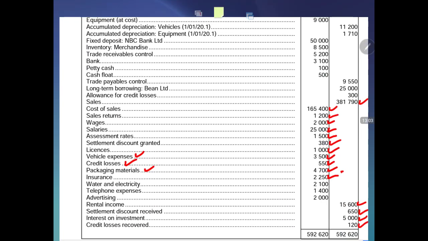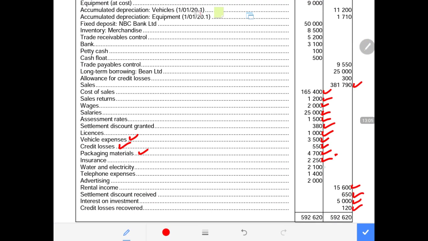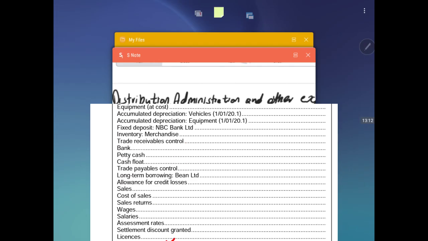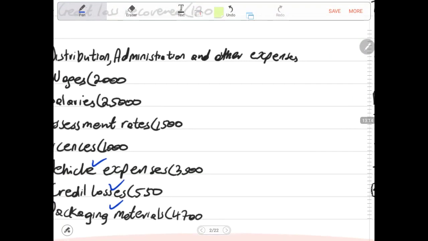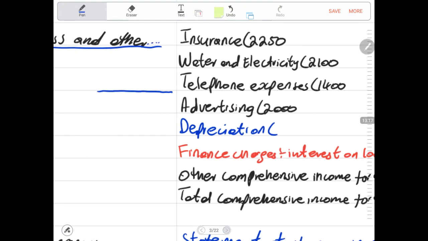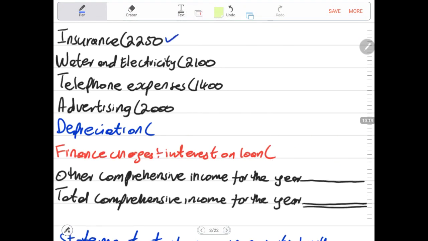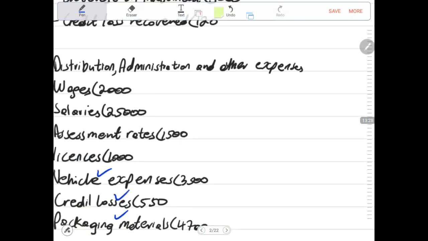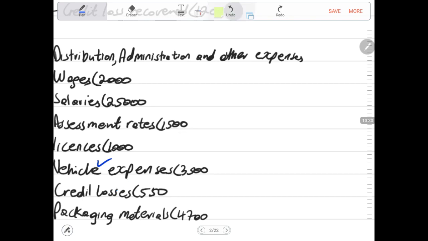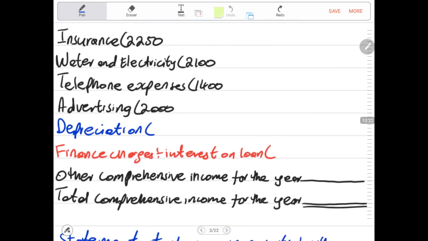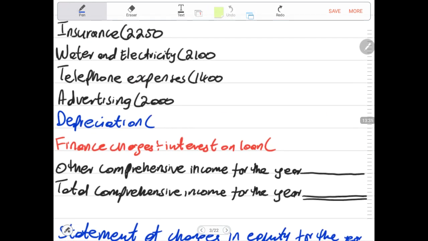We also do have water and electricity for 2.1, and telephone expenses 1.4, advertising 2,000. So I copy all these expenses, I paste them as they are. You copy and you paste your expenses as they appear in the trial balance. That's it, straightforward. So that when we do the adjustments, we know that we are done.